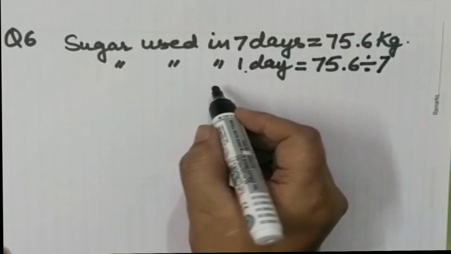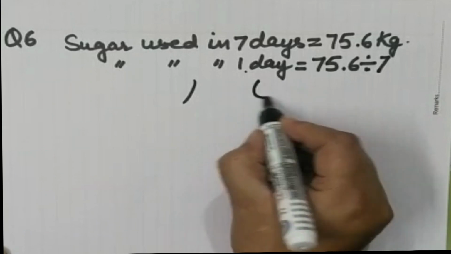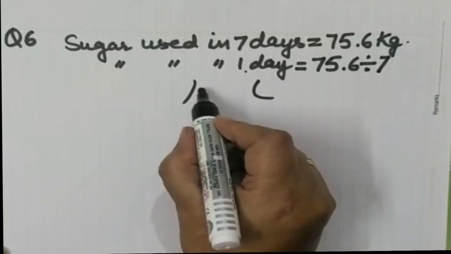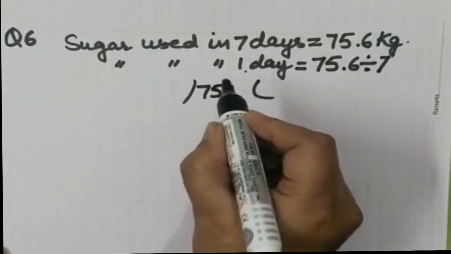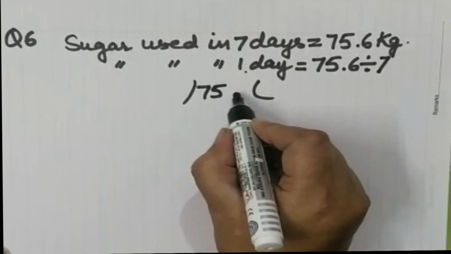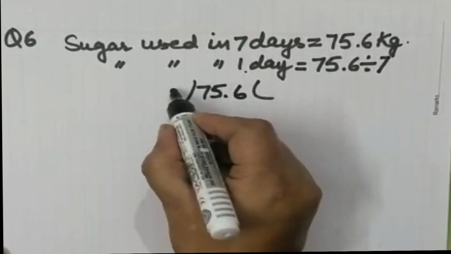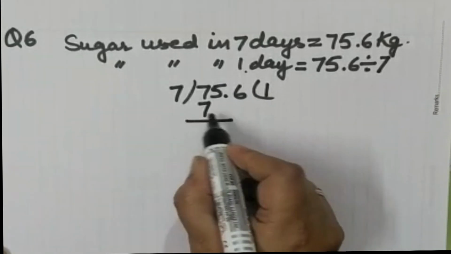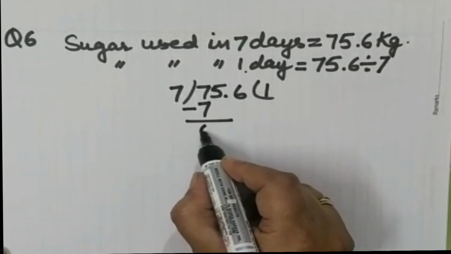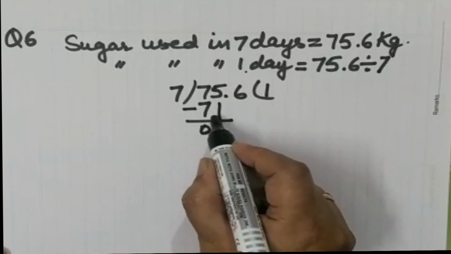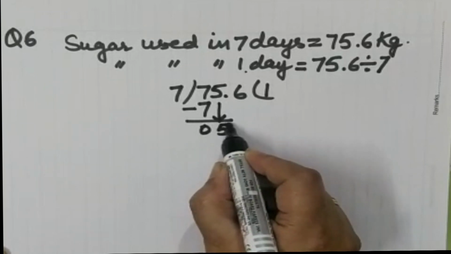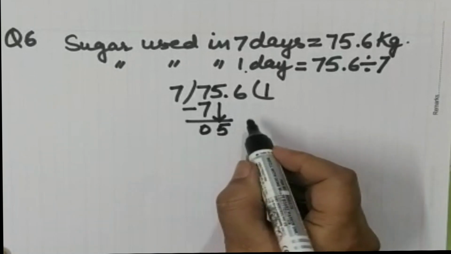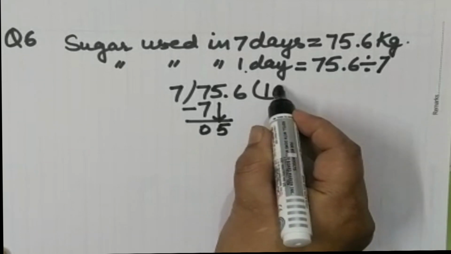So we have to perform division between both numbers. See, 1 minus 0, and we carry out 5, but it is smaller than the divisor, so we write 0 here.